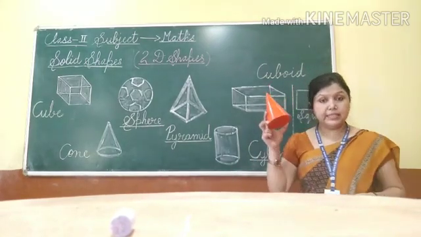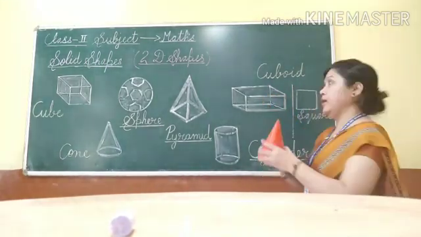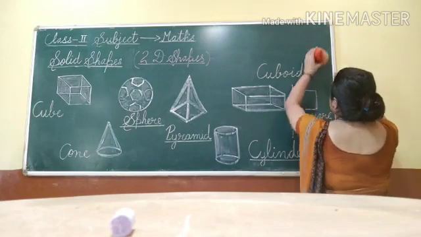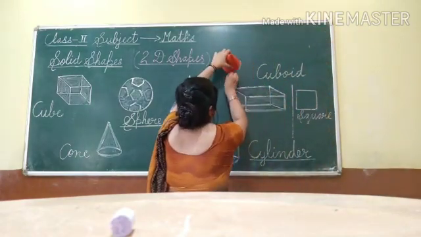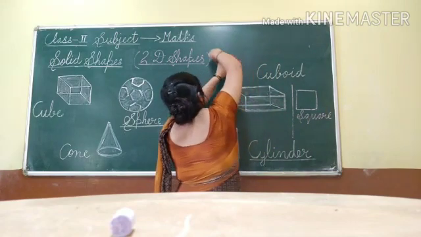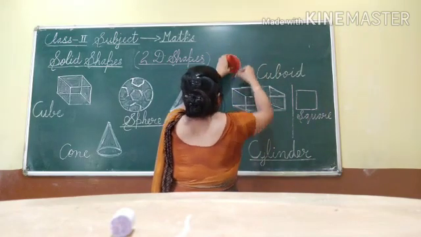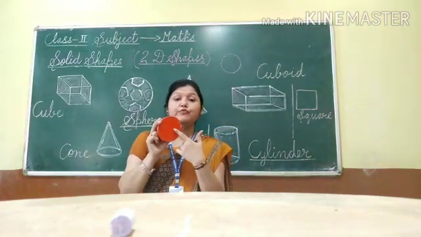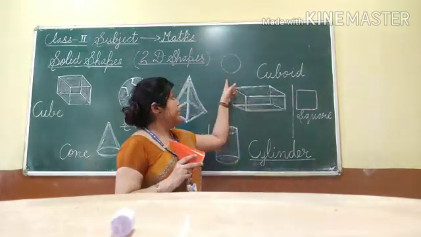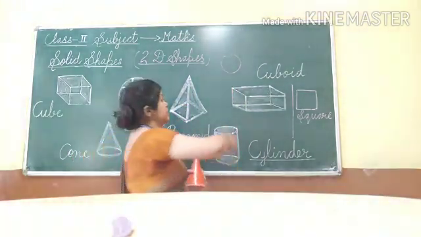Say this is a cone shape, and by using the base of a cone shape, we get a circle shape.